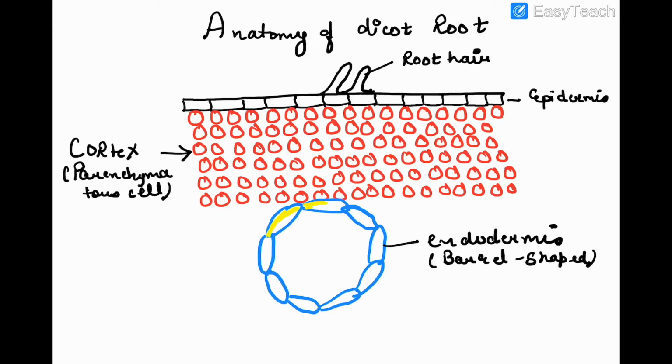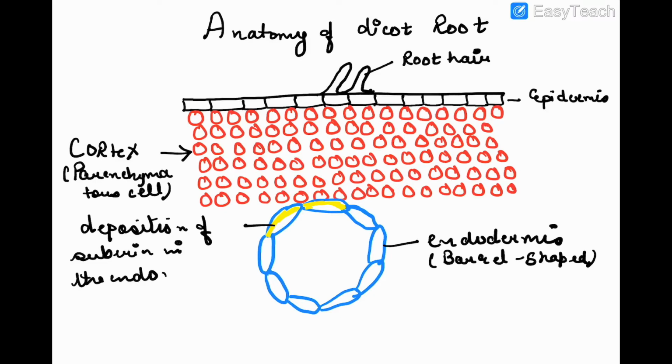This yellow color I am drawing is the deposition of suberin in the endodermis, which consists of barrel-shaped cells without any intercellular space. Due to this deposition of suberin, which is a waxy layer, the endodermis is impermeable to water.